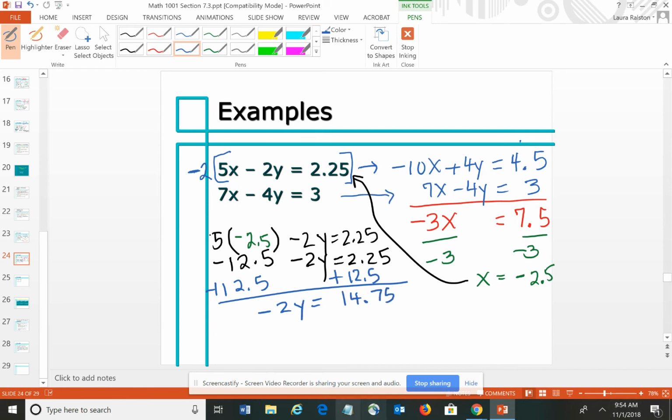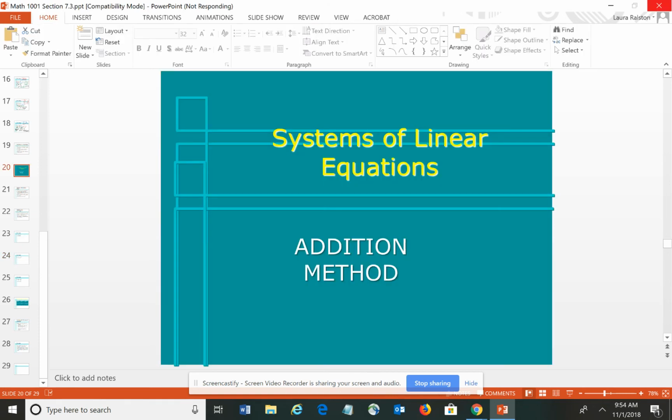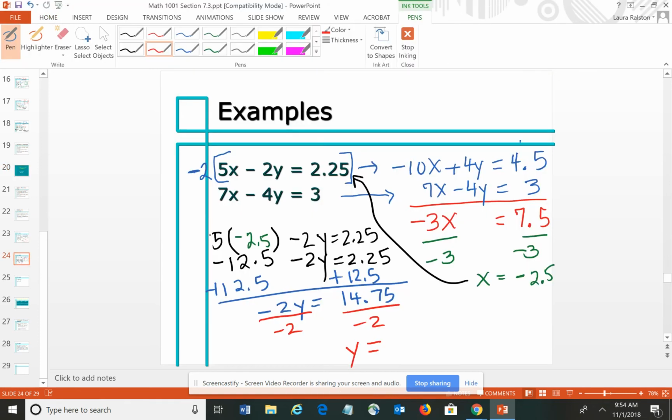Then we're going to divide both sides by -2. So y equals 7.375.